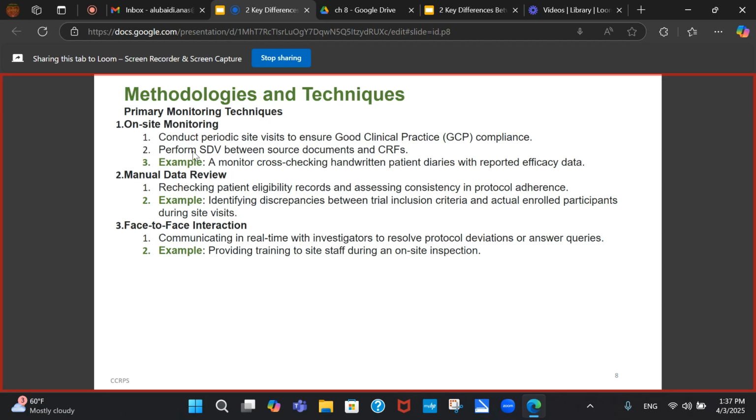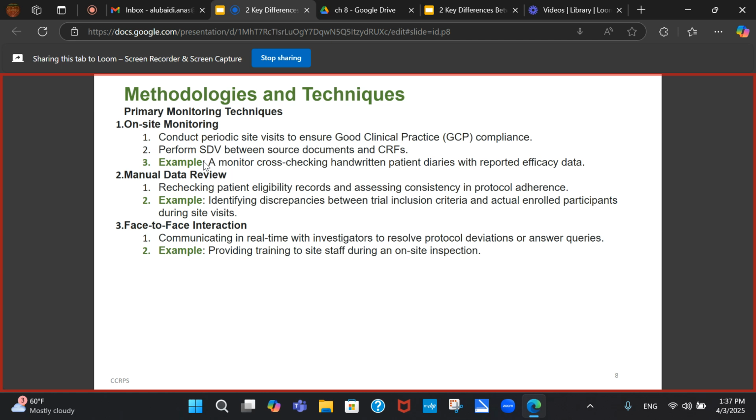And here the monitor comes in person in order to check whether there is any discrepancy or whether the source document of the site and the CRF match, meaning they have to make sure there are no discrepancies. An example: a monitor cross-checking handwritten patient diaries with reported efficacy data.